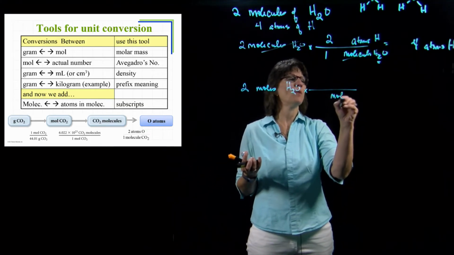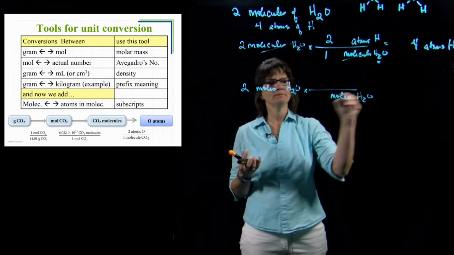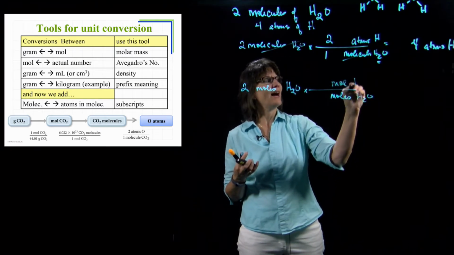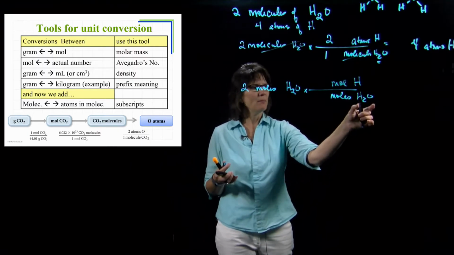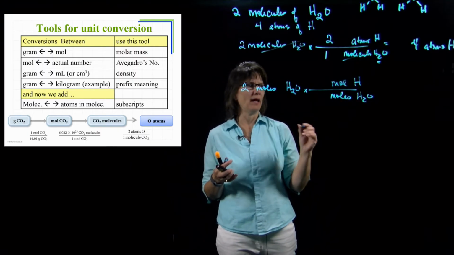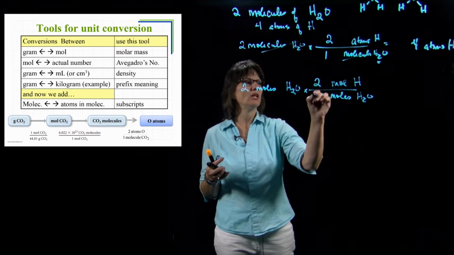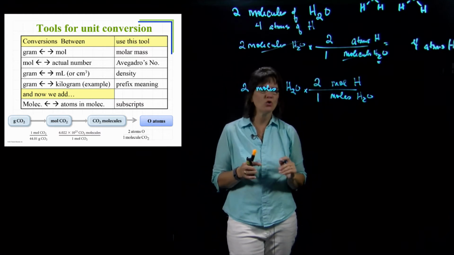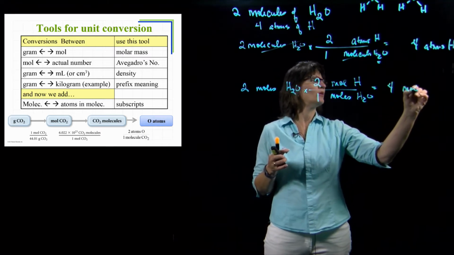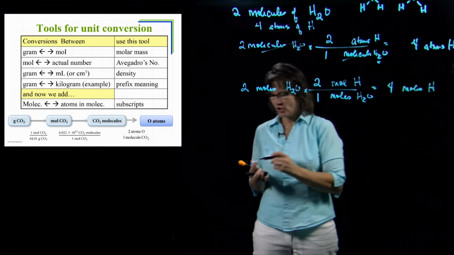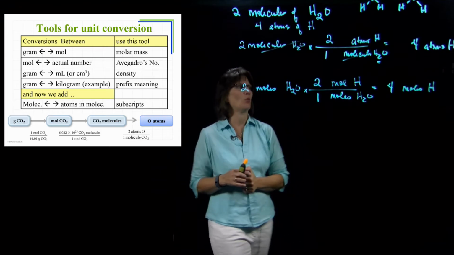I don't want moles of water. I want moles of hydrogen. All I've done is up the scale, talking about the compound versus the element in the compound, and there would be 2 of those in one of these. So you can use this tool, and that would of course give me 4 moles of hydrogen. We can use this tool there in that world as well.